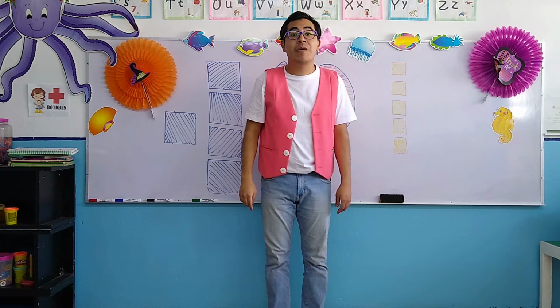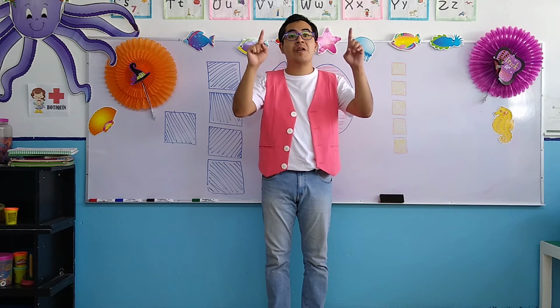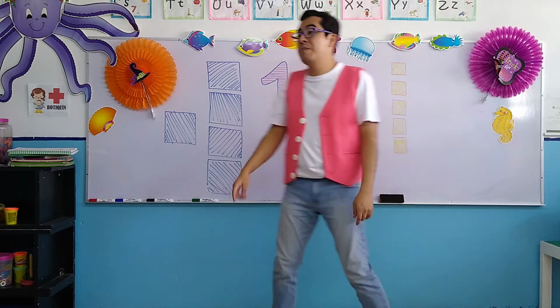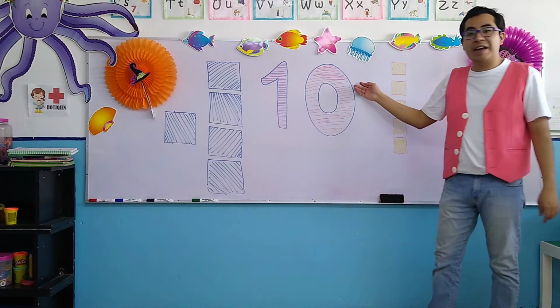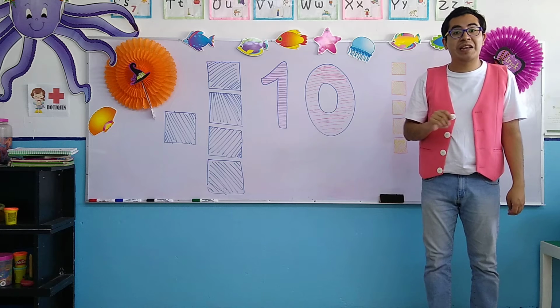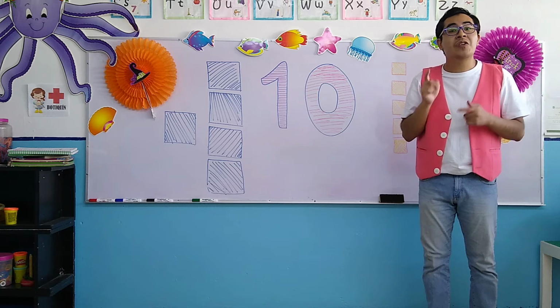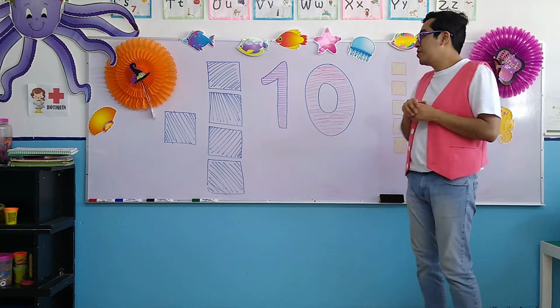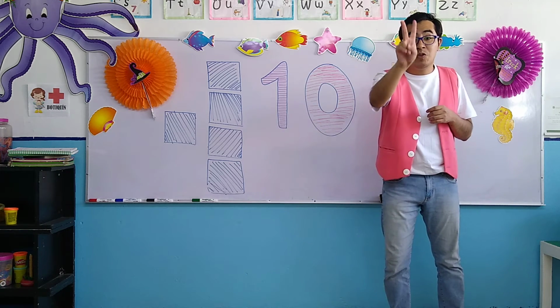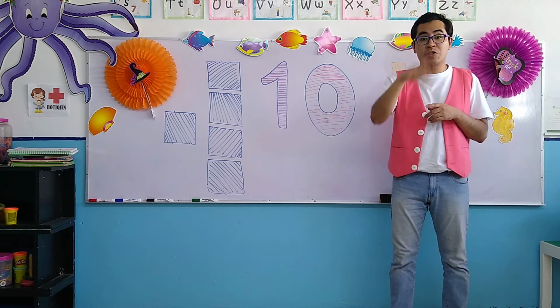And the number of the day, the last number, the number that follows number 9 is the number 10. Okay? Today we're going to start with the number 10. And let's see some characteristics of the number 10. First of all, as you can see here, number 10 is composed of two numbers, not just one.